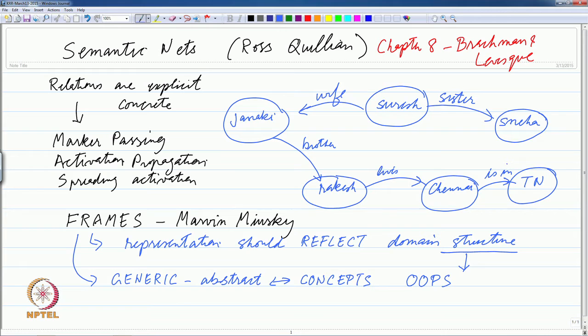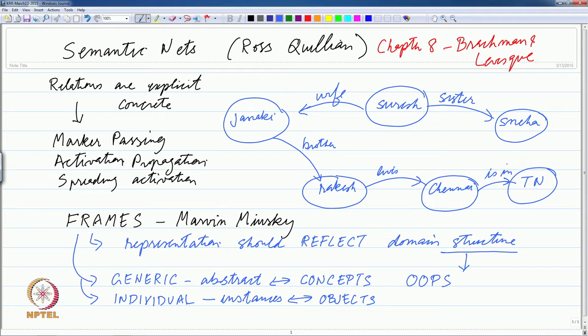I mean, they are not representing any specific thing or entity, but it is a concept. So, for example, what is a chair or what is a house, and those concepts are represented as generic frames. And then we have instances of generic frames which are called individual frames, which talk about specific entities, or you can say which correspond to objects essentially.